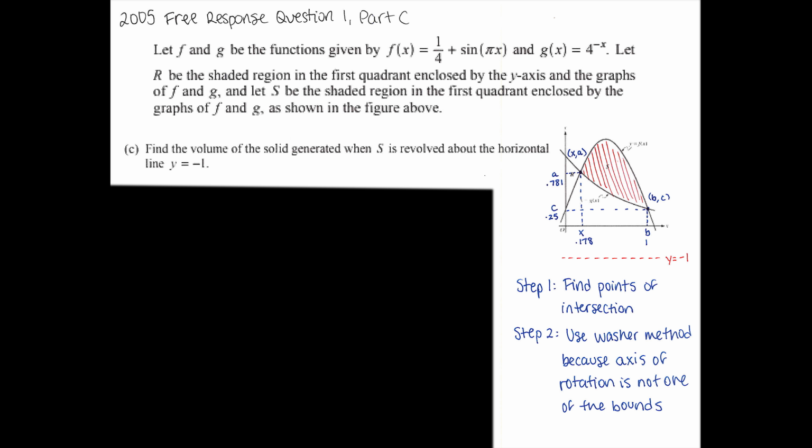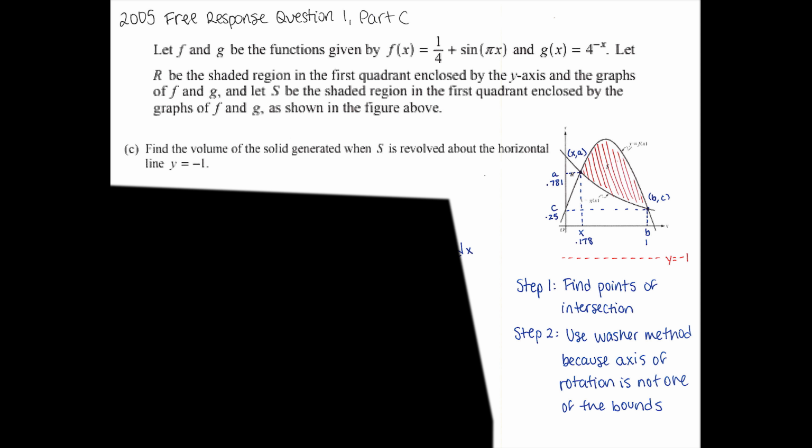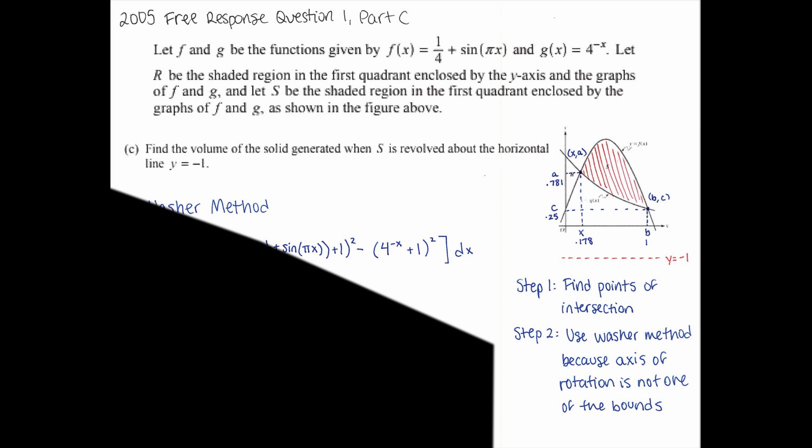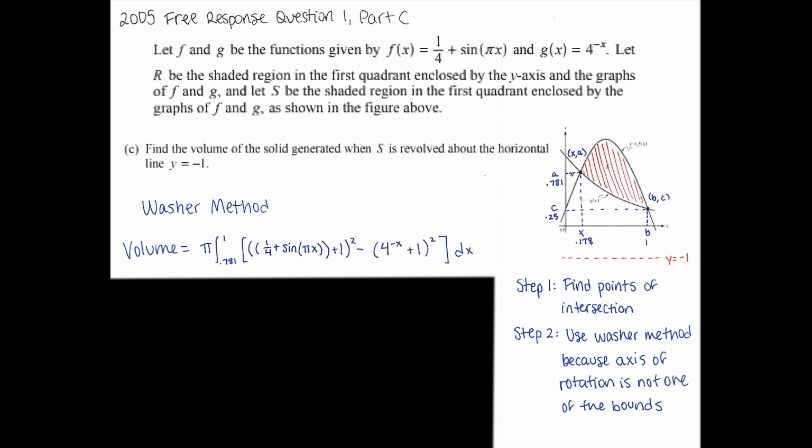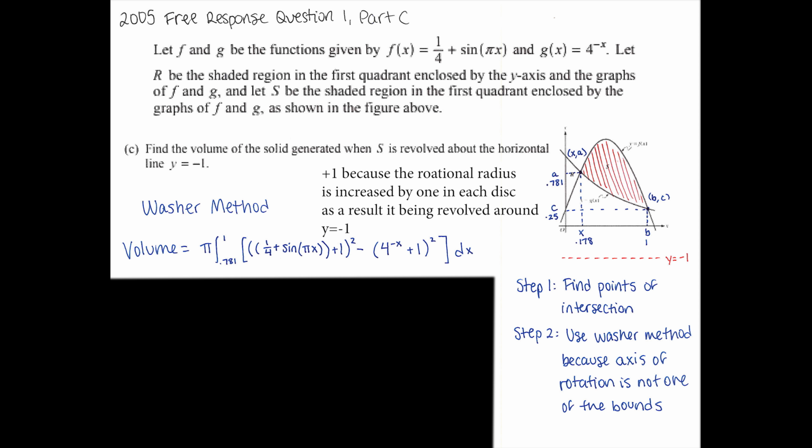Because we're revolving around the line y equals -1, which is a horizontal line, the washer method integrates in terms of dx. Beginning at point x, the graph of 1/4 plus sine of pi x, plus 1, is on top of the graph of 4 to the -x, plus 1. That means that one must come first in our washer method formula.